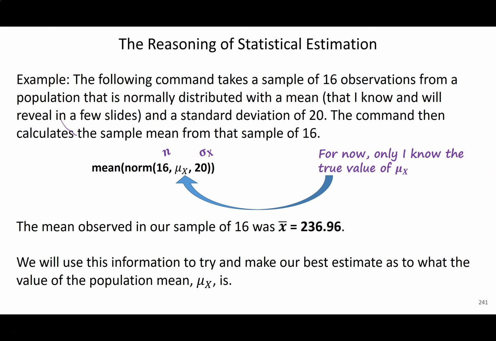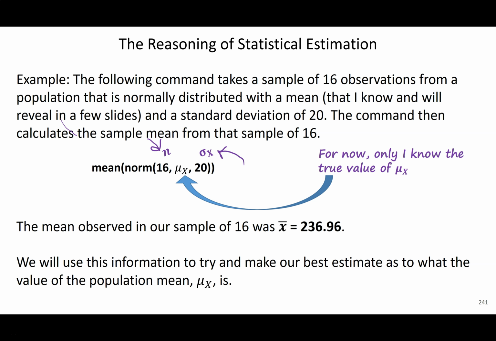So here's a pretty basic example. I went ahead and decided to take a random sample from a normal distribution. I wanted to take a sample of 16 observations from a normal distribution with a mean that I'm not telling you right now, and a standard deviation of 20.